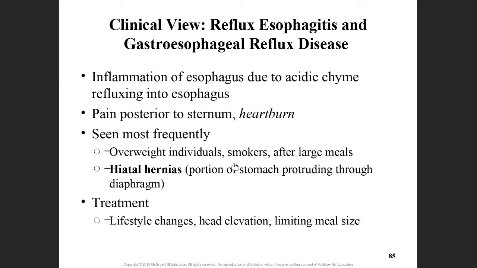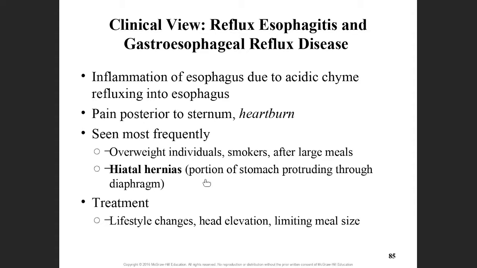Overweight individuals, smokers, and sometimes when we eat a large meal, we can have this heartburn. And sometimes we have a hernia, which we call a hiatal hernia. This is when the diaphragm becomes ruptured and the stomach comes up and passes the diaphragm.